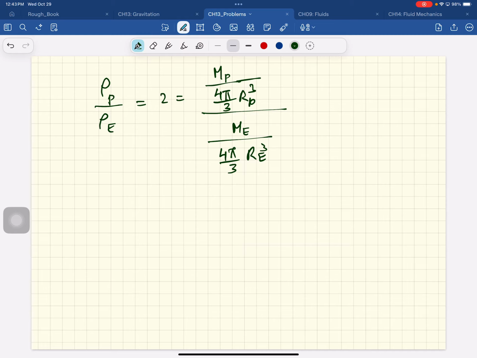So you can see that this stuff cancels. So this is equal to the mass of the planet divided by the mass of Earth times RE over RP cubed, equal to 2.